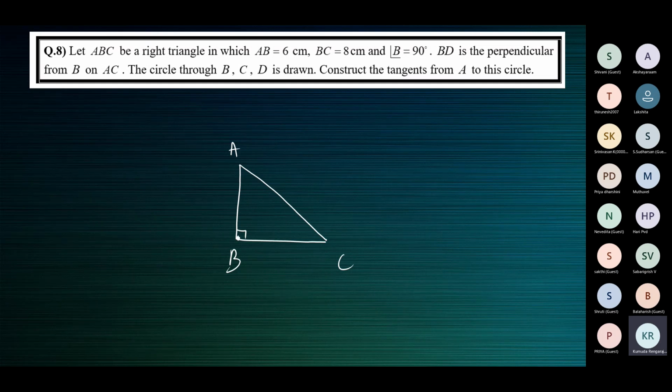So what we do is, with B as center and any convenient radius, it's like you're drawing a circle. So start like this, and you should get an arc which intersects the hypotenuse at 2 distinct points. Sometimes it will be very close also. Maybe you'll get it like this. Don't worry.